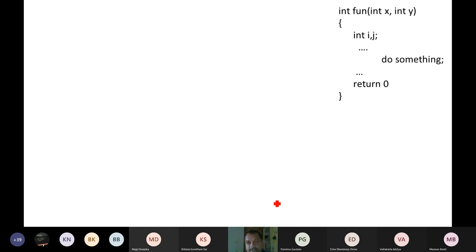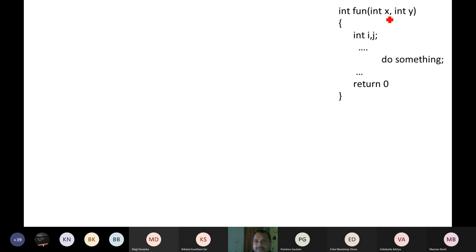Now you know that whenever I encounter an identifier, I need to store that information in the symbol table. That we have discussed. The implementation of the symbol table we have also discussed in Bison. We will look into it in more detail.